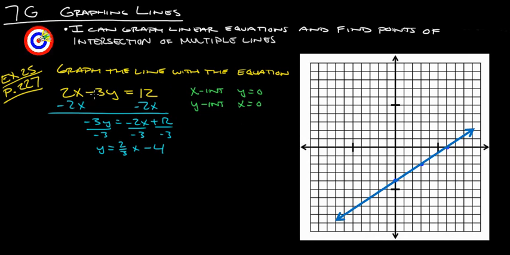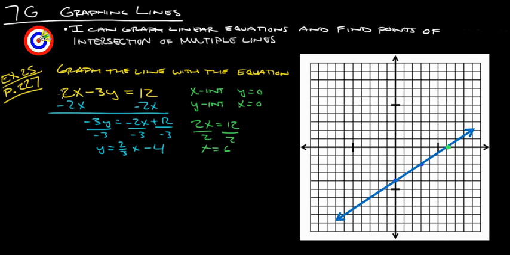When you have 2x minus 3y equals 12, if y equals 0, this whole piece goes away. We're just left with 2x equals 12, divided by 2, and x equals 6. There's our x-intercept.